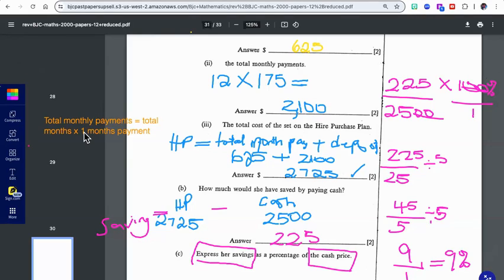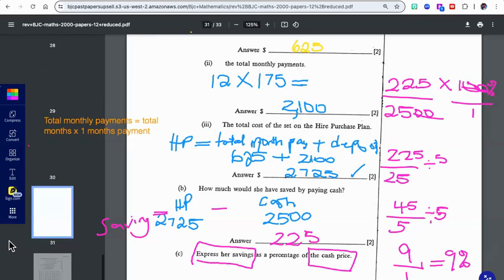And this is our first question on hire purchase. We're going to do another one. I want us to get into simple interest, because sometimes the simple interest is attached to hire purchase. So just take that down, those persons who don't have it. And I'm going to get another sheet.